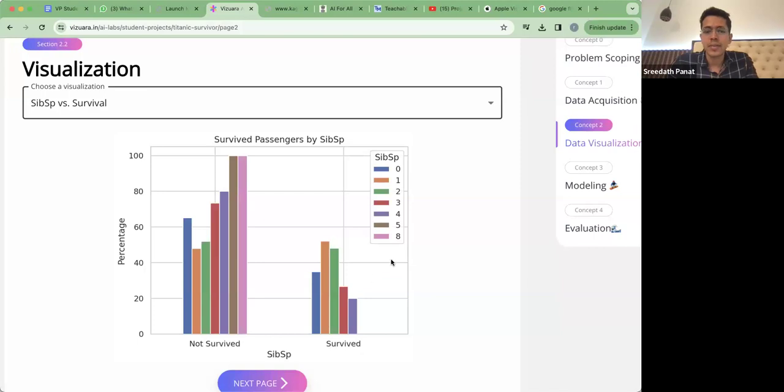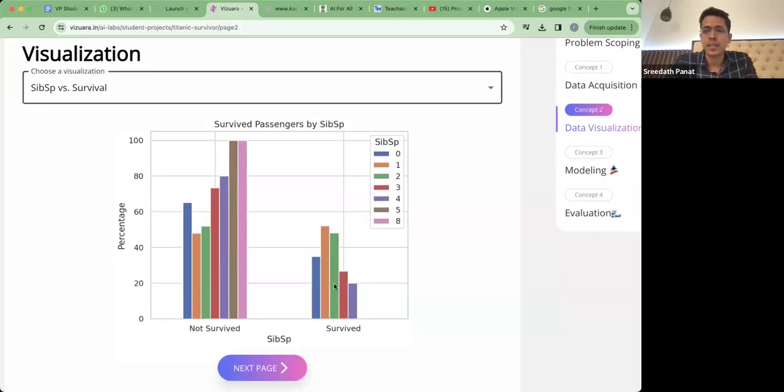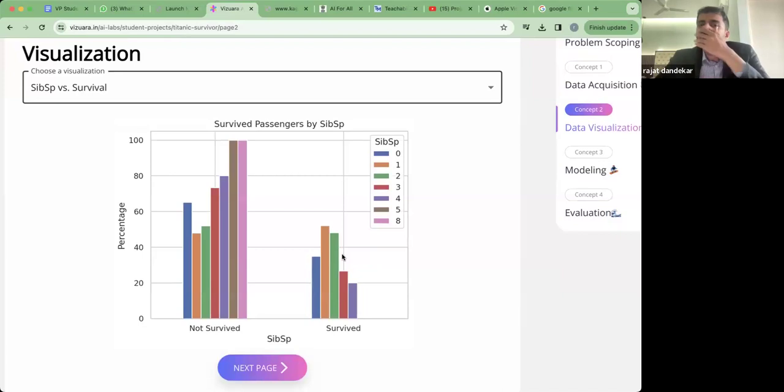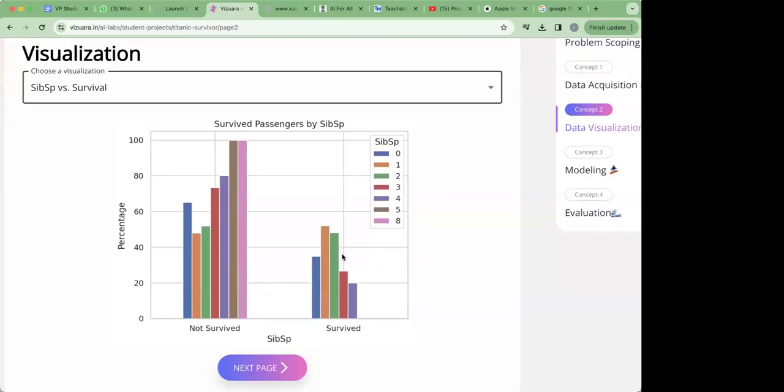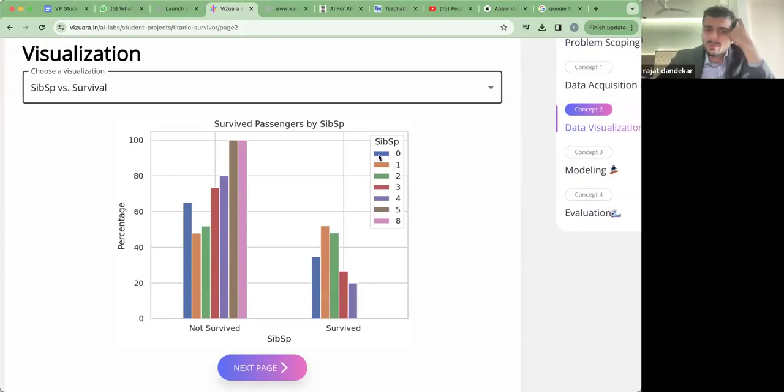Can we just clarify once what SibSp is? SibSp is the number of siblings or spouses who are traveling with you on the Titanic. Those who are couples survived the maximum. Couples, or actually, one sibling. Right. So people who have either one or two SibSp have the maximum chance of survival.